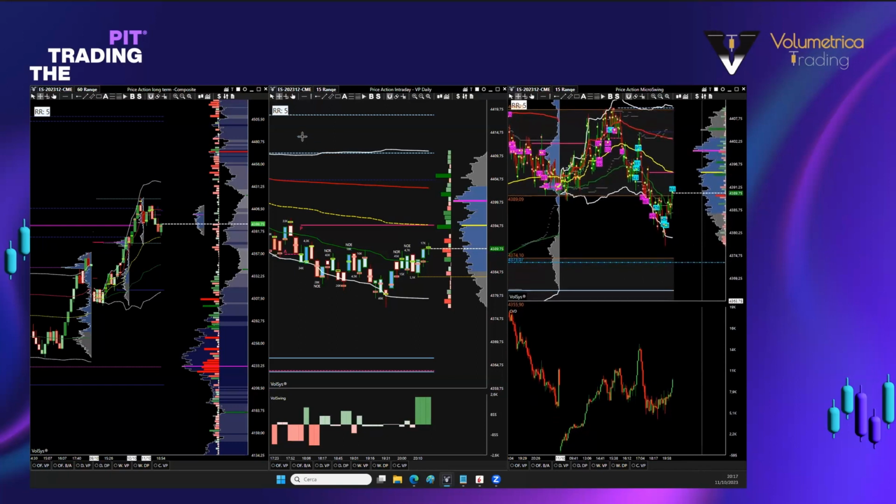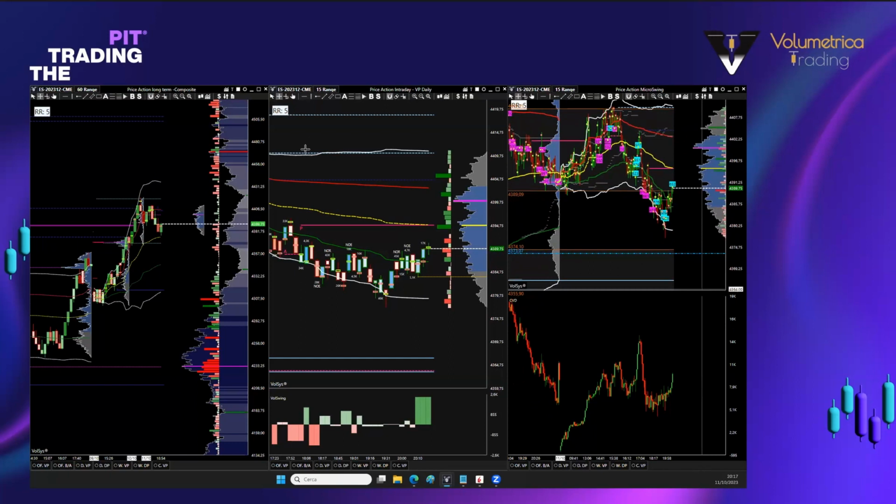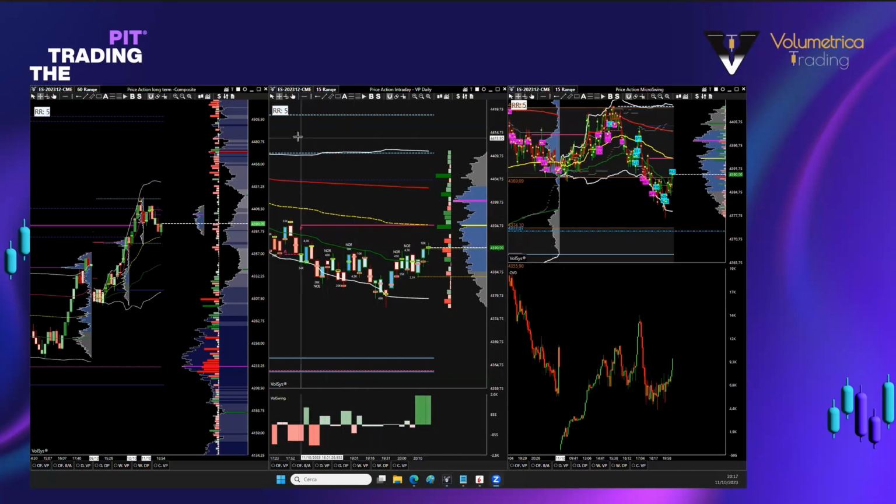Every single day, the cumulative delta starts at the beginning of the session, which in this case is midnight GMT+1 time. It will start exactly at 0. If we look at the cursor here, it starts exactly at 0.